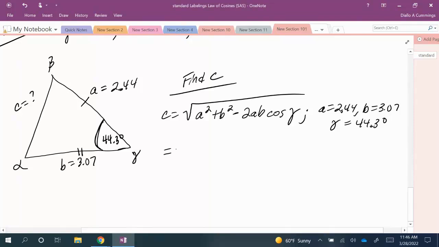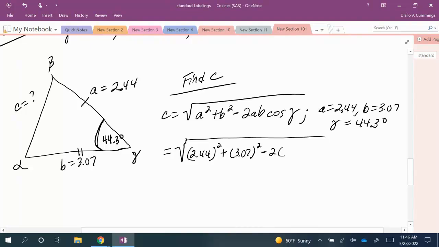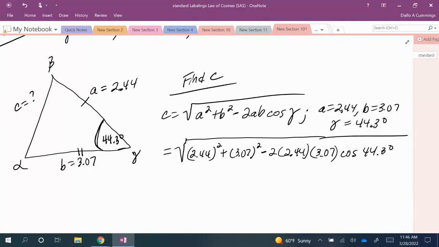All right, so we have C is equal to the square root of 2.44 squared plus B, which is 3.07 squared, minus 2 times A, which is 2.44, times B, which is 3.07, times the cosine of 44.3 degrees.